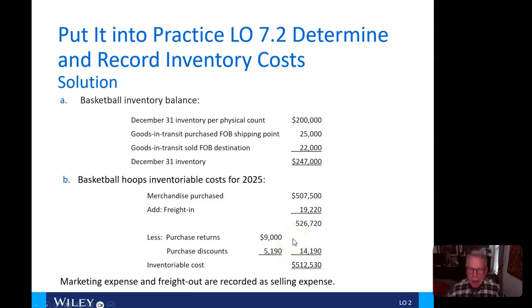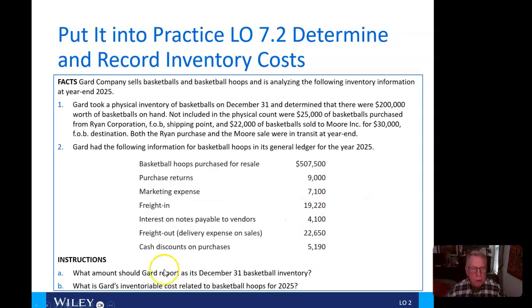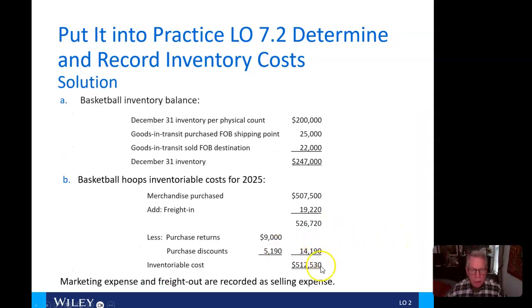But then we have to back out our purchase returns and purchase discounts here and here. And that gives us an inventoriable cost of 512,530. Marketing expense and freight out are recorded as selling expenses. Freight out is not included in inventory.